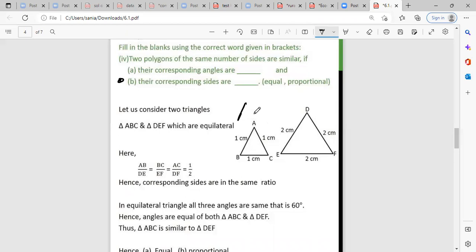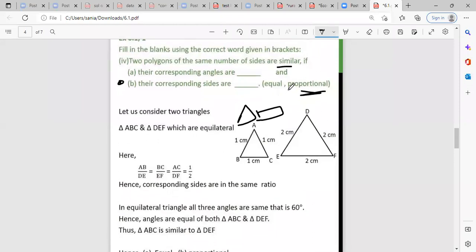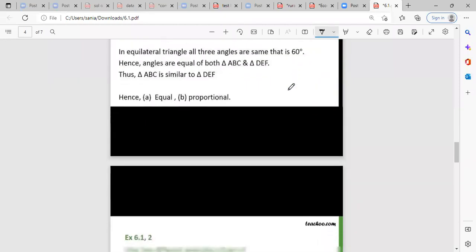You cannot compare a triangle and a rectangle, right? Because a triangle has three sides and a rectangle has four sides. So their corresponding angles are always equal, right? Because they are similar. Their corresponding angles are equal, but their corresponding sides will be proportional. This is what we did, right? So this will be the thing.